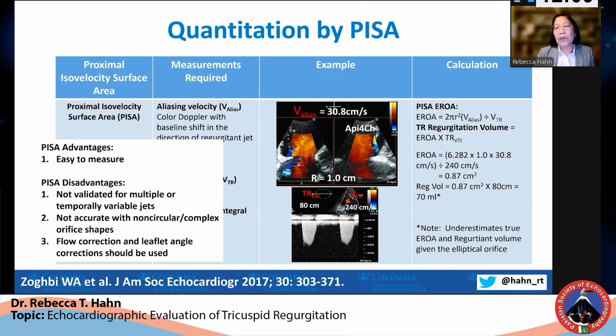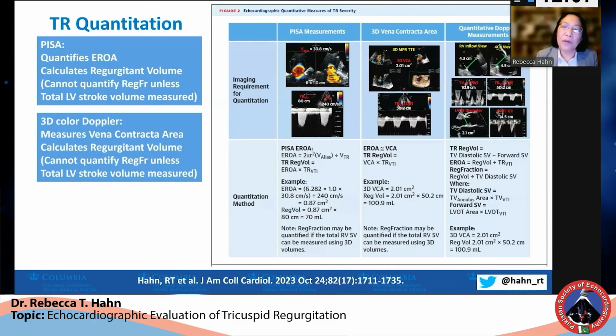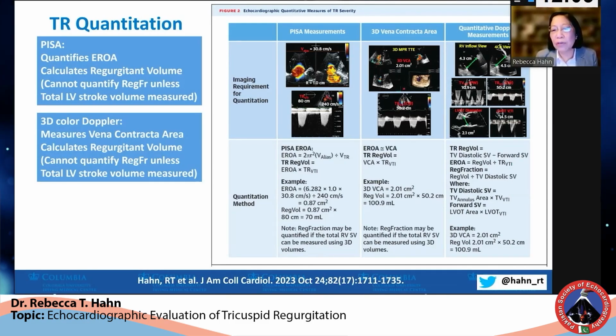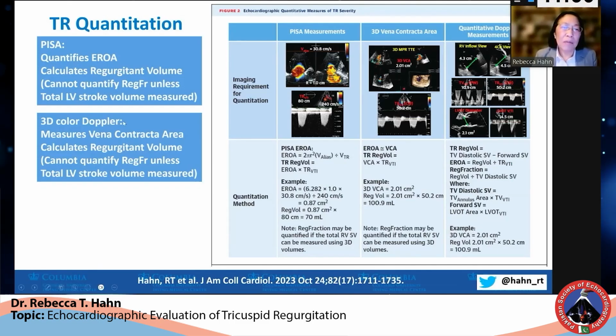And so by echocardiography, we now have three different methods that we are attempting to use in the various trials to quantify disease. One is obviously the PISA, which we know underestimates. Two is the color Doppler vena contracta area. We're using a 3D color Doppler area more and more in order to quantify disease, showing again the underestimation of PISA.